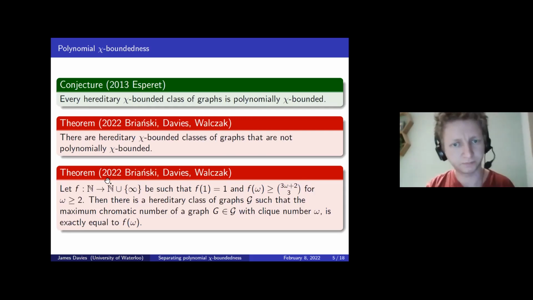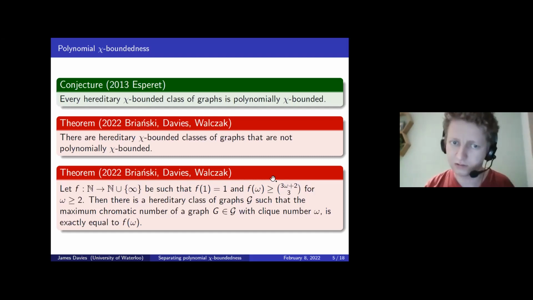More precisely, we have this function going from the natural numbers to the natural numbers and infinity, with the condition that f of 1 equals 1, because graphs of clique number 1 have chromatic number 1. And then the second condition is that otherwise the function f is at least this cubic function.